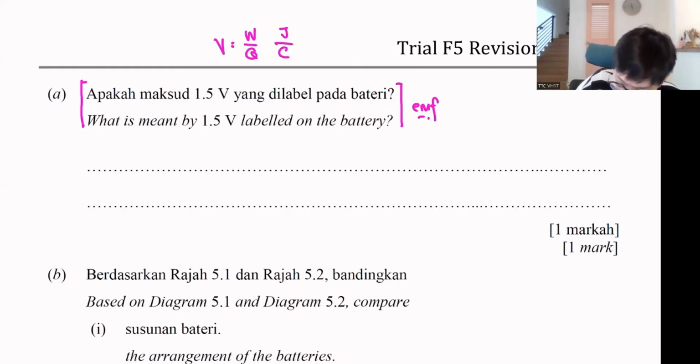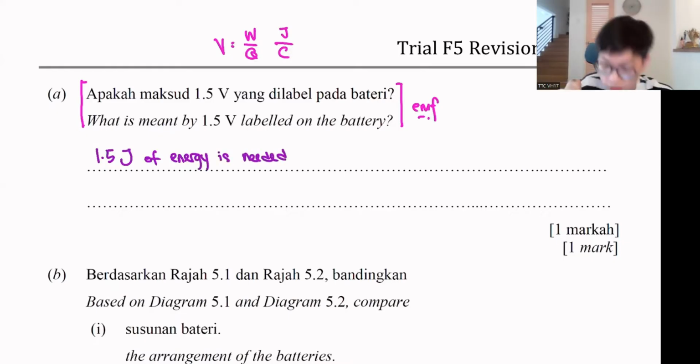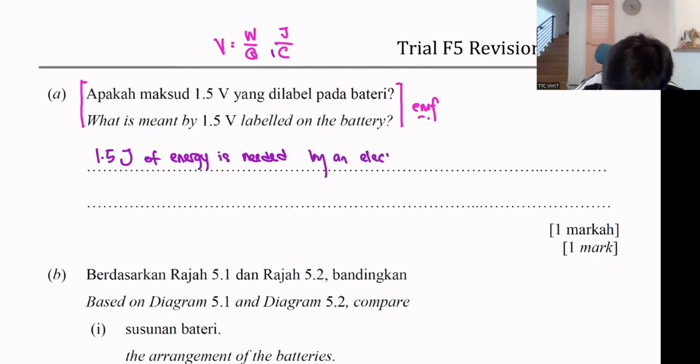We can say that 1.5 joules of energy is needed to move one coulomb of charge, first you have to say by an electrical source.